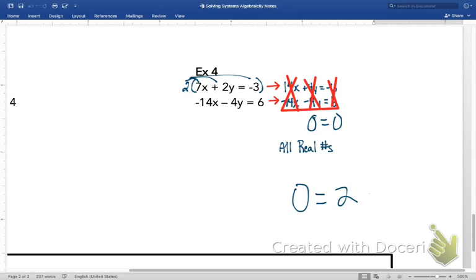If it ends up being 0 equal to 0, it's all real numbers. It's every value that you can think of for x, because it's two lines that are on top of each other. Whereas if your x's and your y's cancel, but you're still left with a constant number on the other side of the equal sign, then it's going to be no solution.